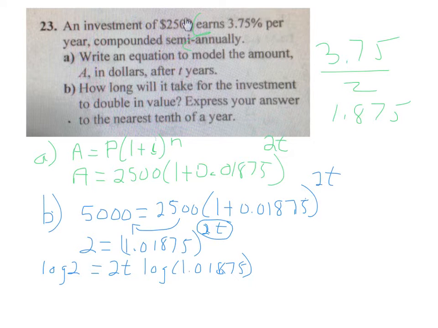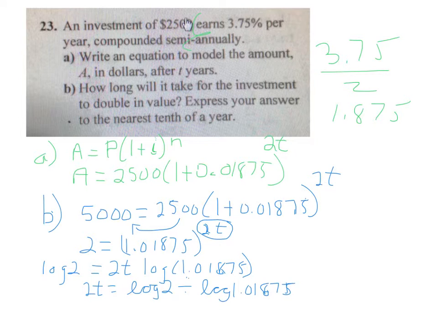So 2t now is going to be the log of 2 divided by the log of 1.01875.